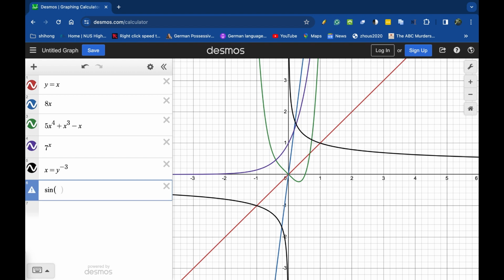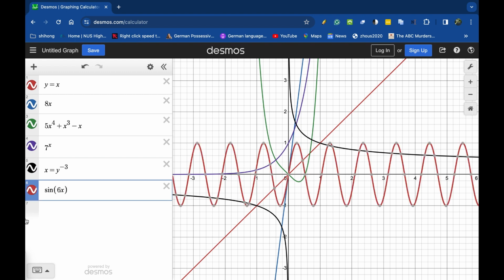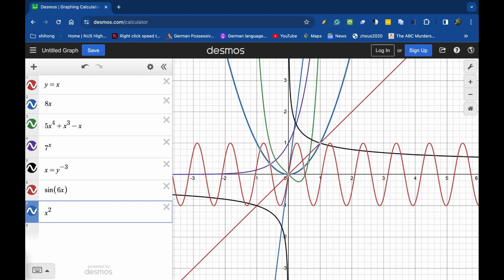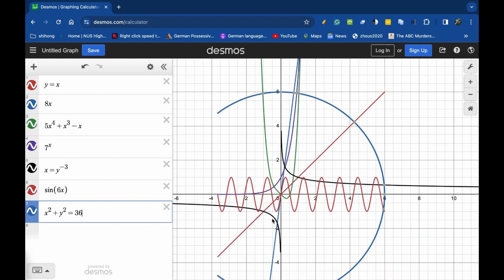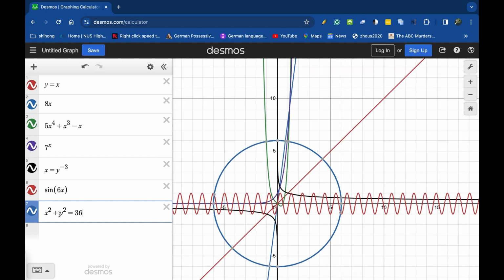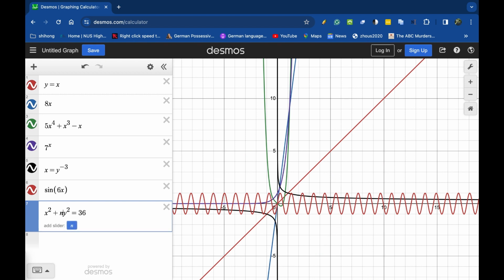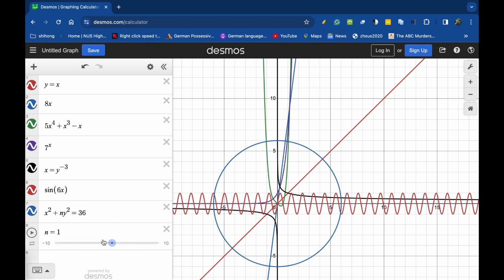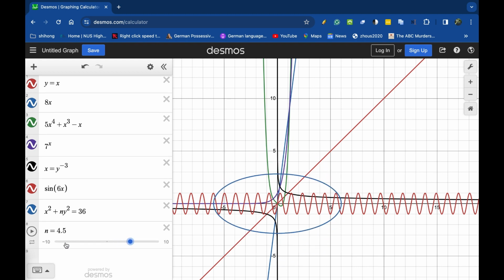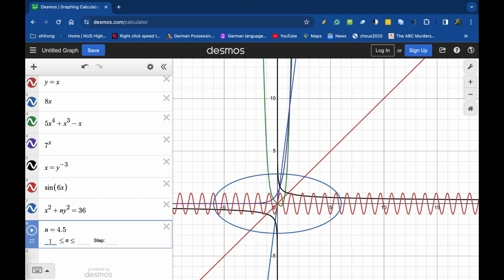You can create sine graphs like that, or even circles. That's a circle of radius 6, and you can add a variable, and there will be an add slider button. You can click it to add a slider and change its bounds like that.